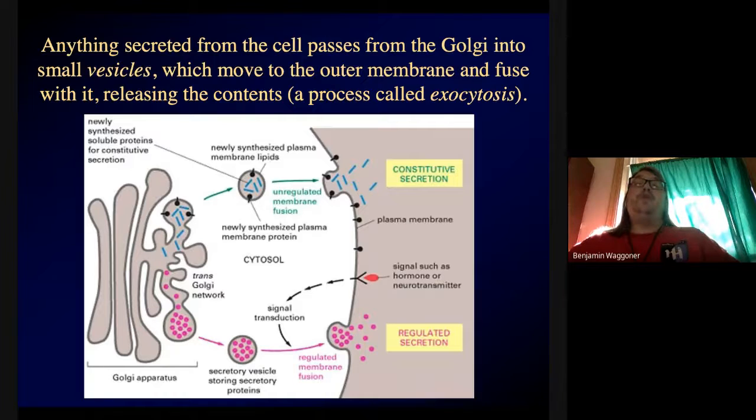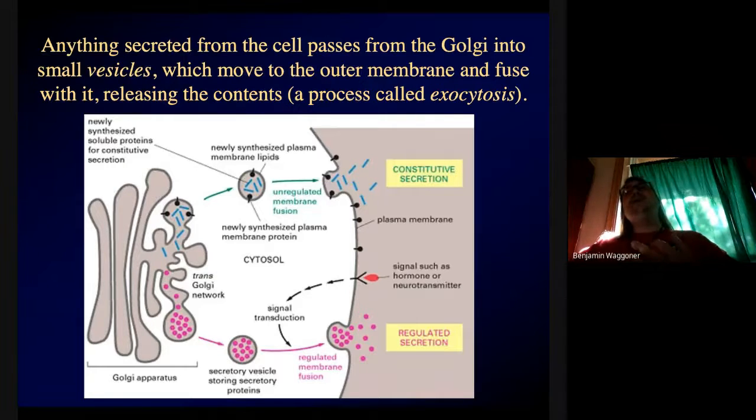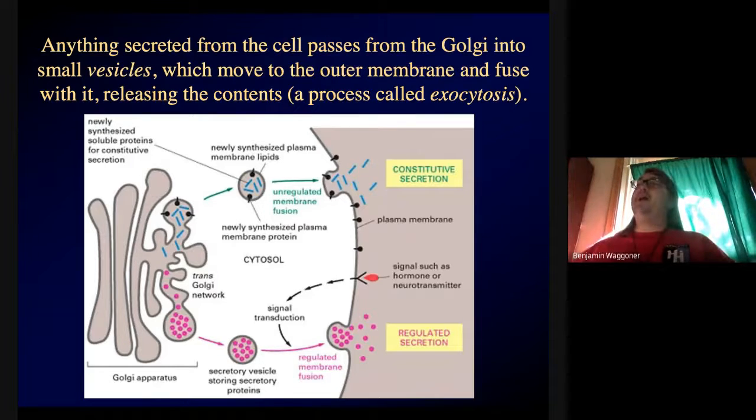So things that are secreted from the cell, anything the cell has to export to the outside world, is sorted in the Golgi. It may have various little modifications added to it. Some proteins have carbohydrates stuck to them. Or they might get split in various places.